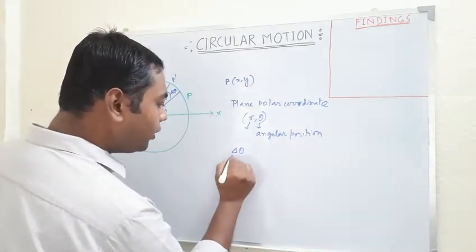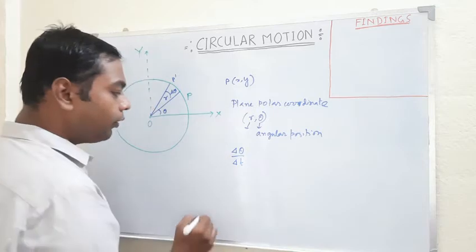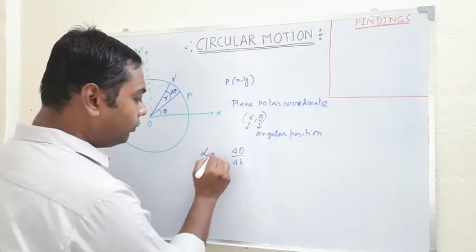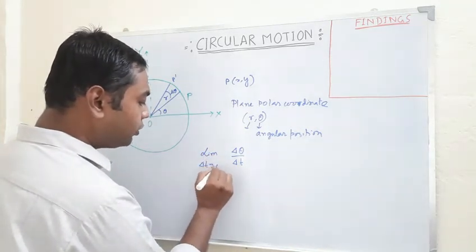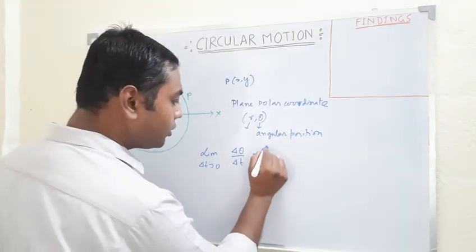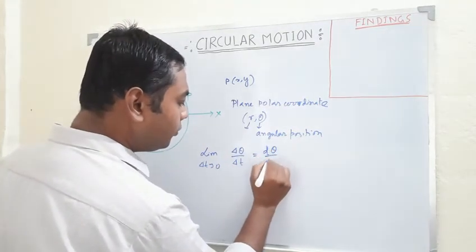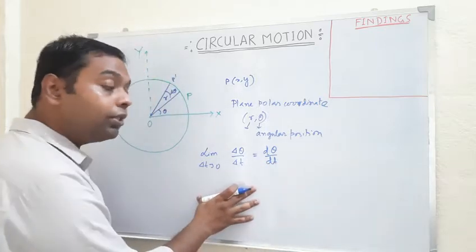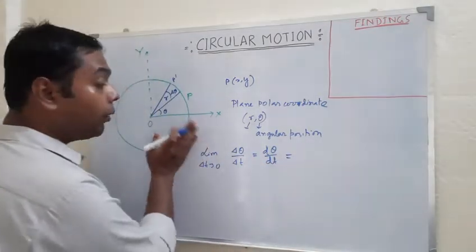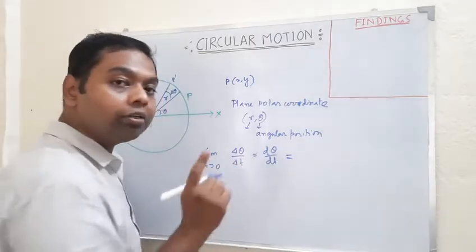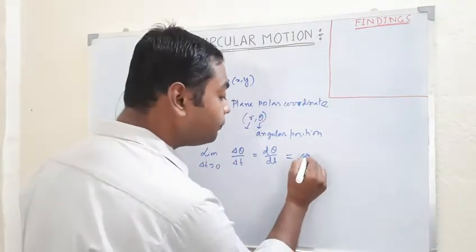It is nothing but delta theta by delta t. If we take the limit delta t tends to 0, this term is d theta by dt. It is called the angular velocity of the particle and is represented by a Greek symbol called omega.